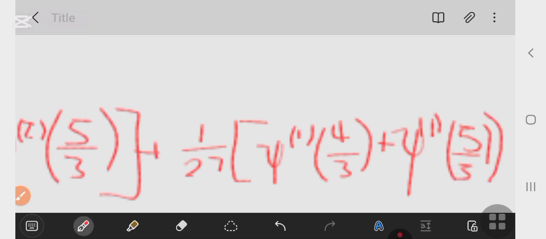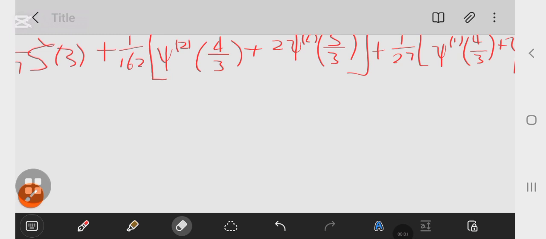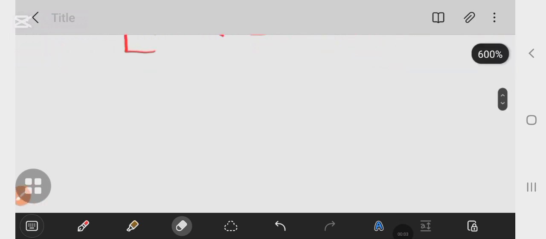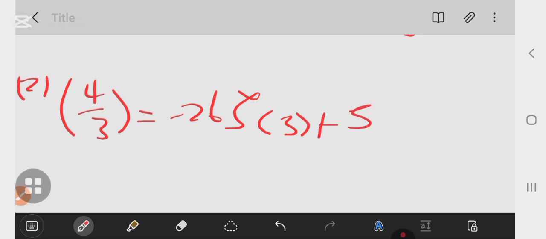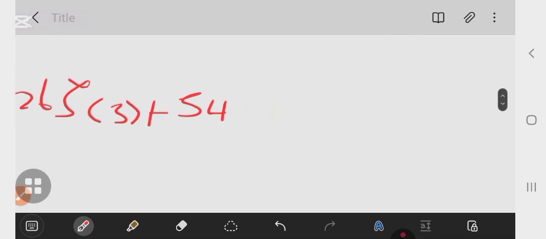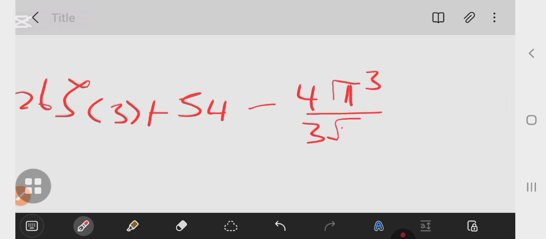Okay, so note that trigamma 4 over 3 is equivalent to minus 26 zeta 3 plus 54 minus 4 pi cube all over 3 root 3.